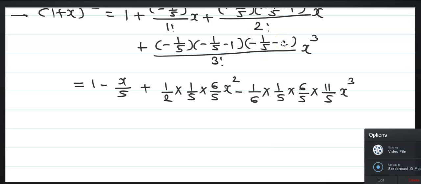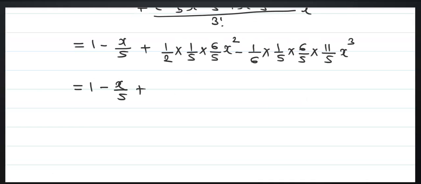Sorry, 5 into 2, 10, 10 minus 1, that is 11 by 5. Overall we have the minus sign here. First is 3 factorial, and 3 factorial means 6. From this term 1 by 5, from this term 6 by 5, and minus 1 by 5 minus 2 is 11 by 5. The sign of this term is minus into x cube. And this is the expansion up to the 4th term.